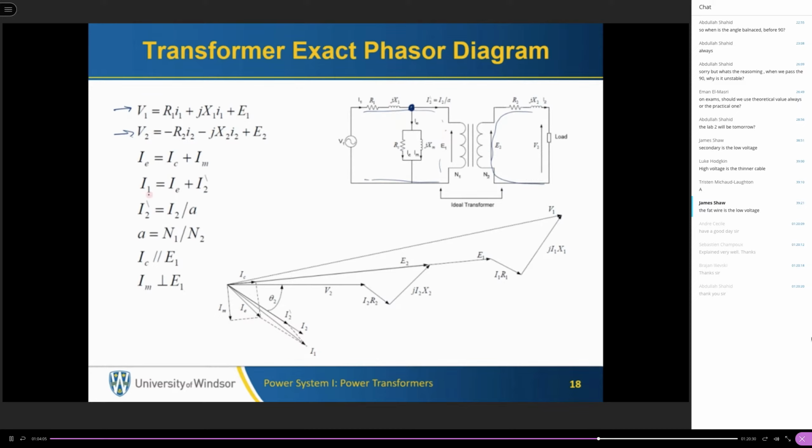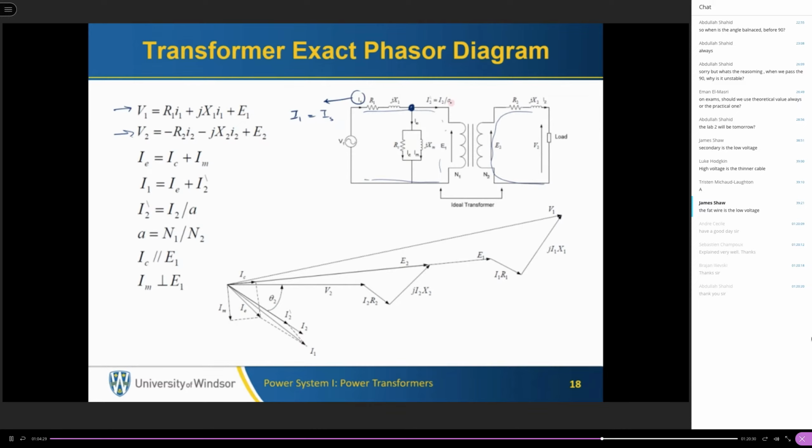So we know I1, this is I1, the supply current, is equal to IE, the excitation current consumed by the transformer core, plus I2 dash.